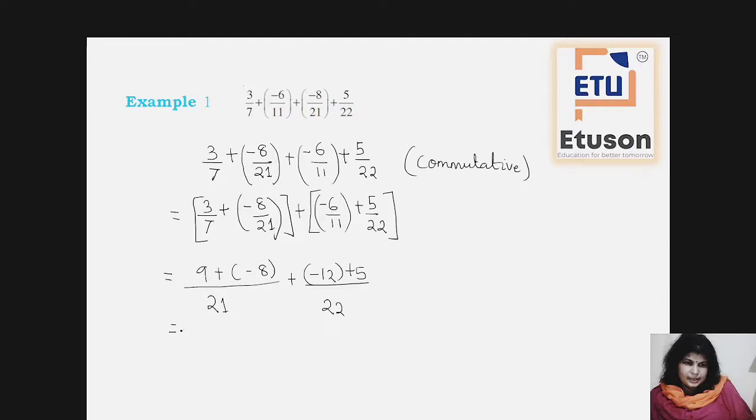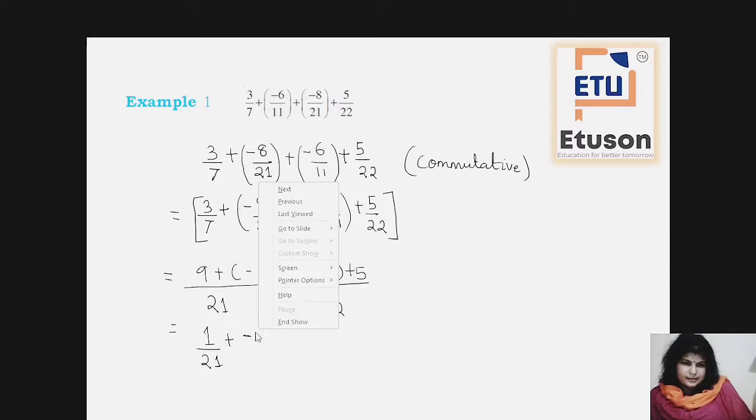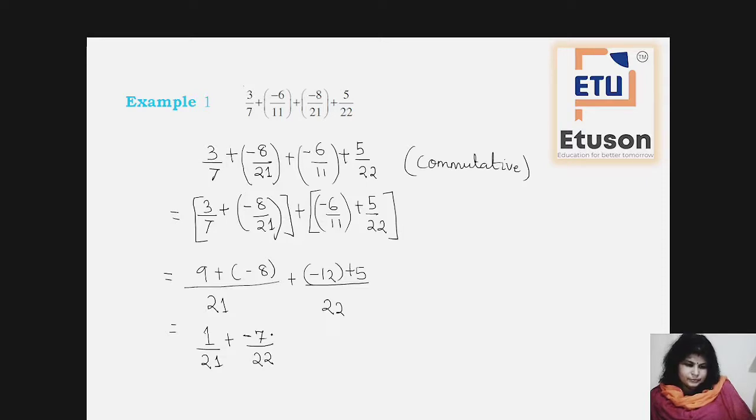So you will get 9 minus 8, which is 1, divided by 21, plus minus 7, because it is minus 12 plus 5, so minus 7 divided by 22, correct?